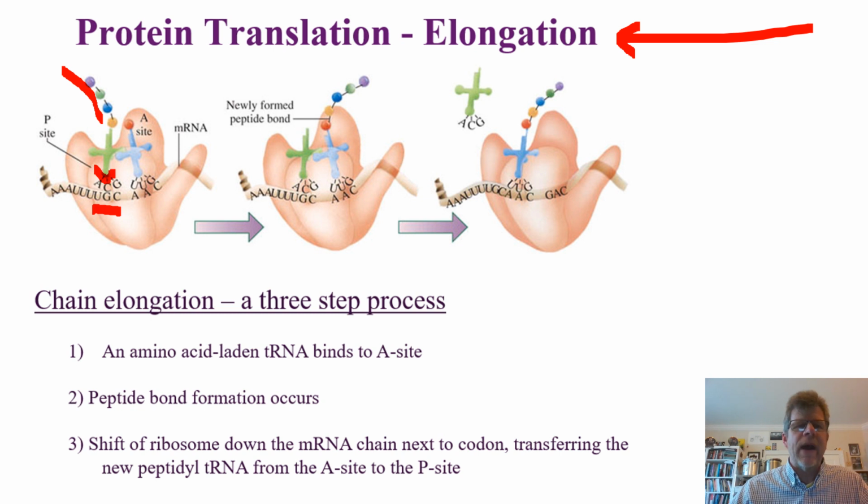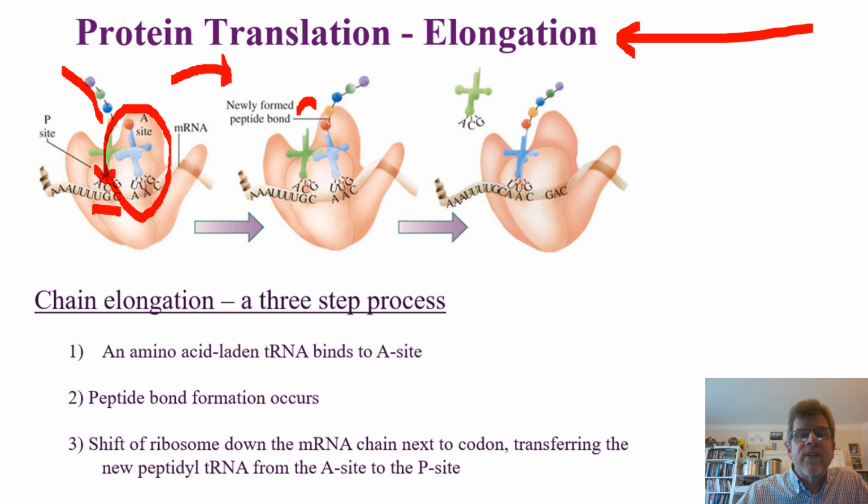And a new transfer RNA laden with an amino acid plugs into the empty A site, codon to anticodon. Next thing we see over here is that growing protein chain has been jumped from that transfer RNA in the P site over to the amino acid on the A site, and a covalent bond is then formed.